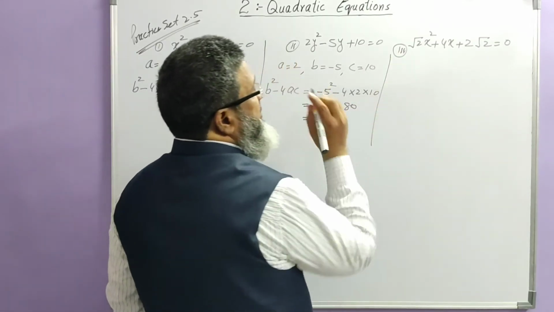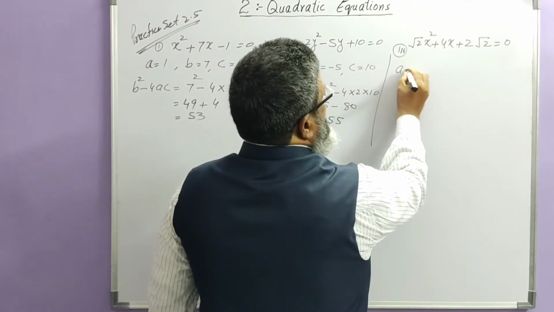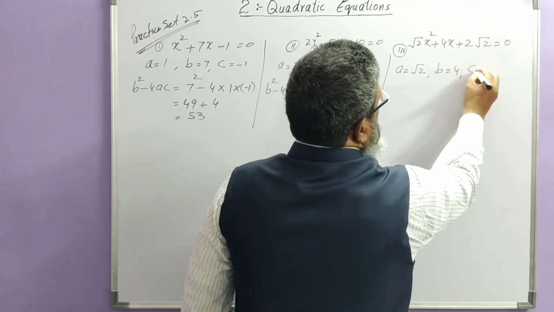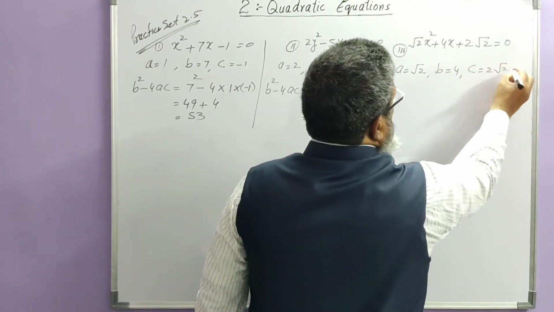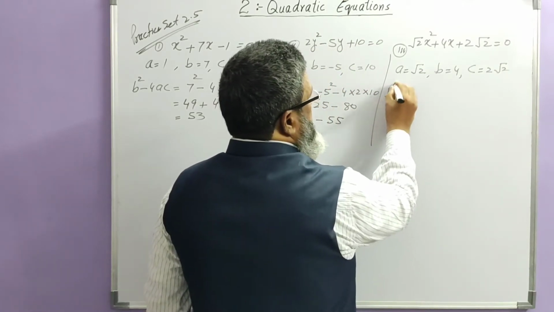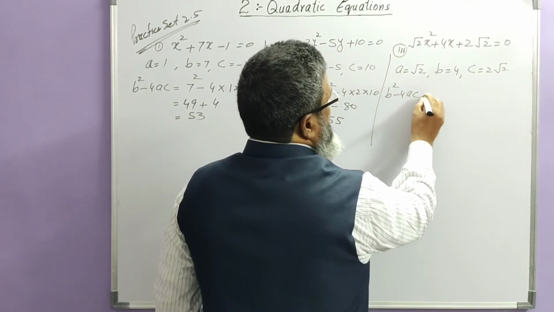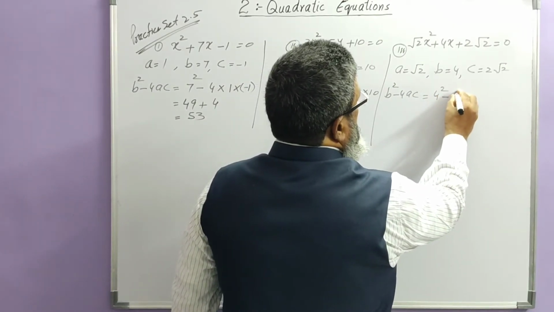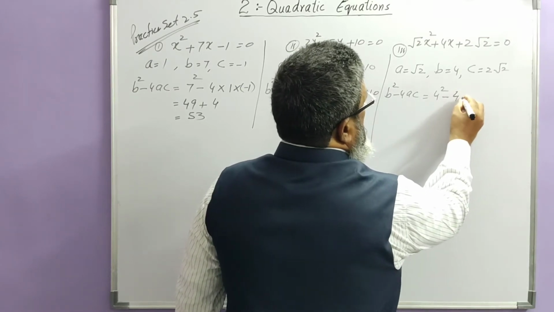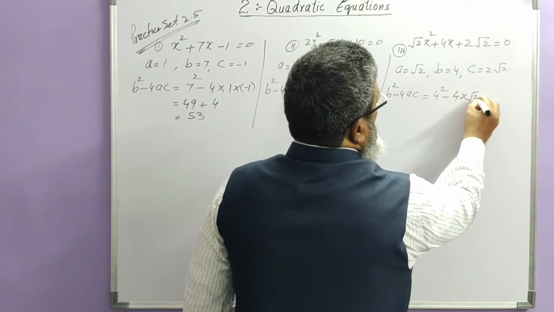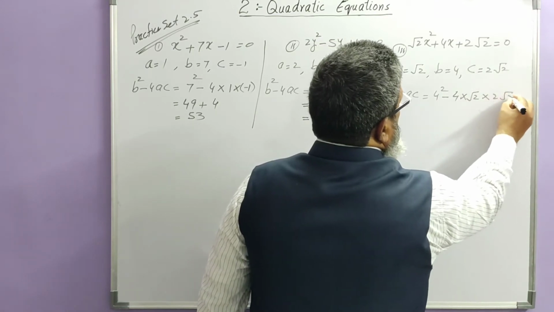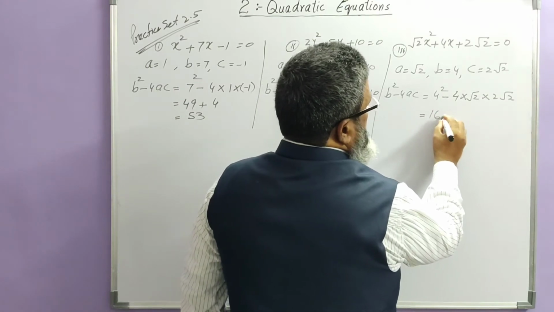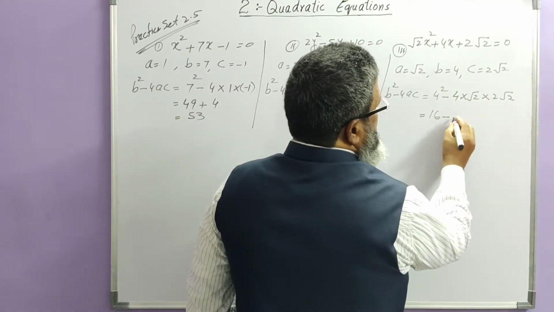See the third one. a is equal to root 2, b is equal to 4 and c is equal to 2 root 2. b square minus 4ac is equal to b square, means 4 square, minus 4 into a, root 2, into c, 2 root 2. 4 square is 16 minus 4 into 2 is 8.